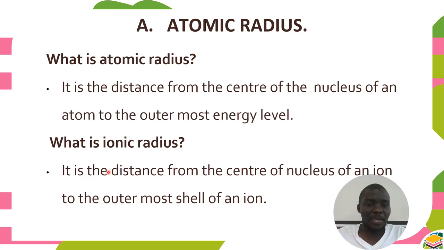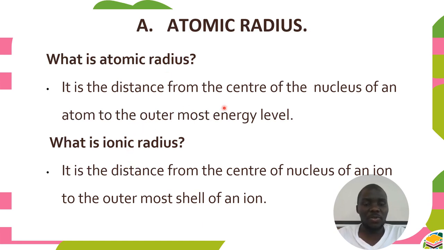So let us define an ionic radius. An ionic radius simply means it's the distance from the center of the nucleus of an ion to the outermost energy level or shell of an ion. So that is the difference between ionic radius and atomic radius.